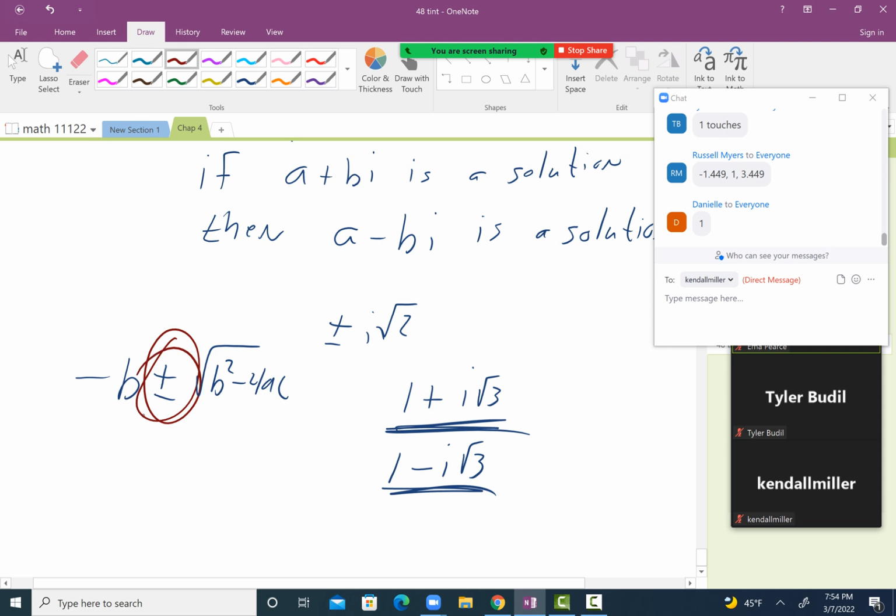So if one part's positive, then the other part's negative. That's particularly the case with complex numbers, not necessarily when it comes to just reals. It depends on what b is, because you could have two positive solutions there. But when you have an imaginary and one's negative, then you know the other one's positive and vice versa.